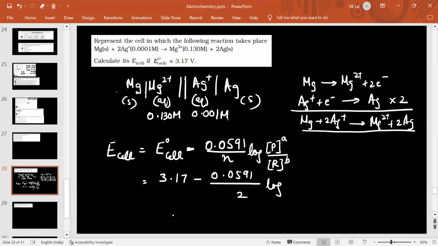What is the product? Have I written it correctly? Silver is 0.001. So what is the product? It is magnesium. So magnesium is 0.130 divided by 0.0001, the whole square.